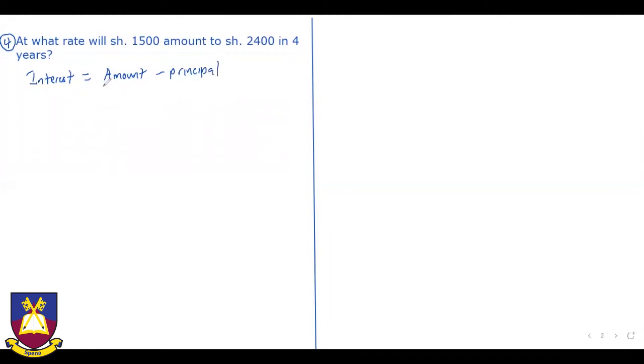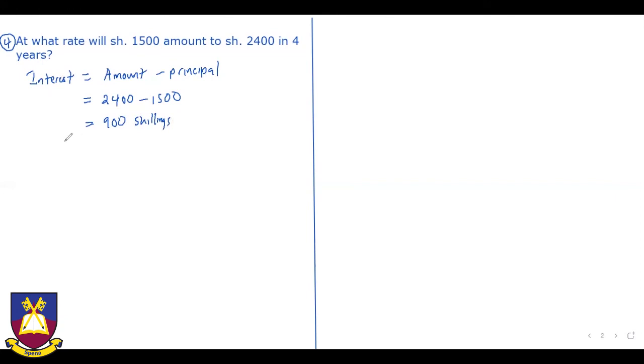That is coming from the previous formula we've used. Amount is equal to interest plus principal. So when you make interest the subject, it becomes this. The amount is 2,400. The principal was 1,500. That gives us 900 shillings as the interest.